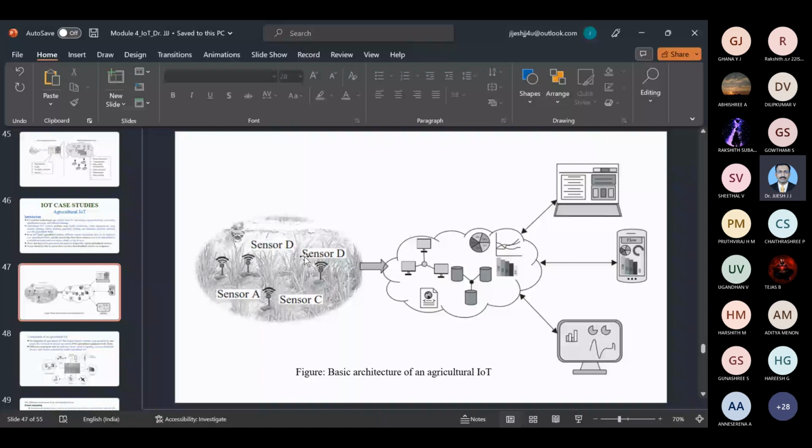Then we can see certain components of an agricultural IoT. Basically, agricultural IoT helps crop productivity, and it also reduces the overhead cost of the entire process.